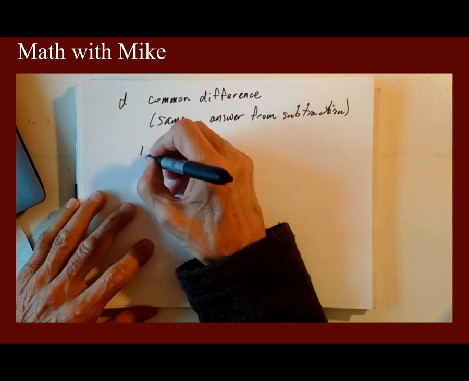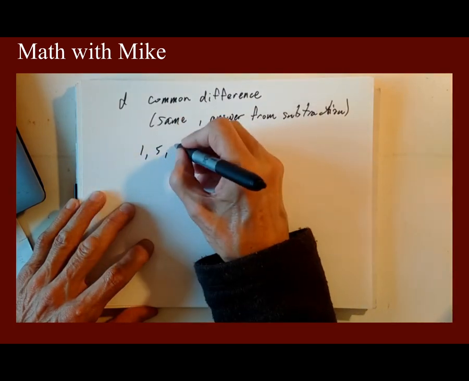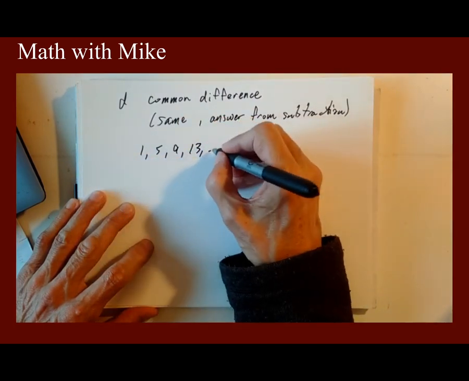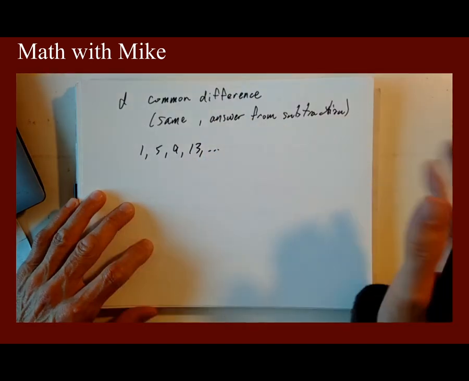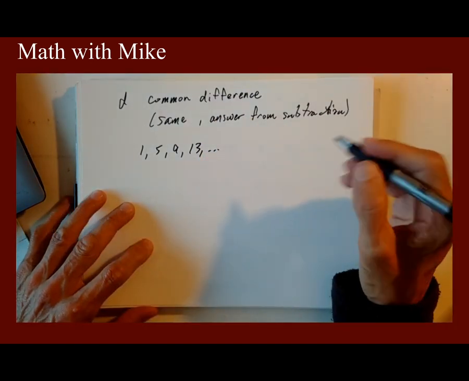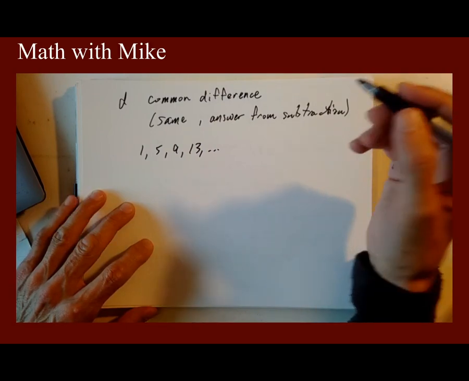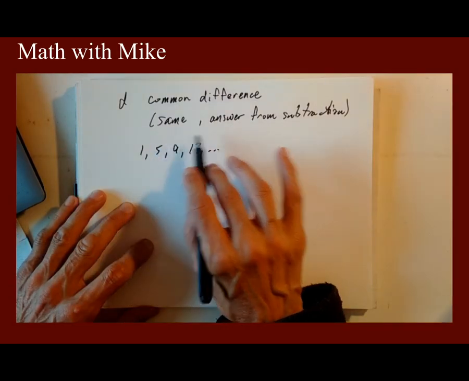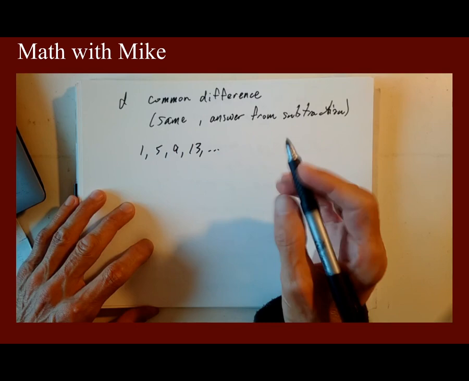Alright, so we had our list here, our sequence: 1, 5, 9, 13. And these three dots mean the pattern just goes on in the same way. Well, same answer from subtraction. Subtracting what?